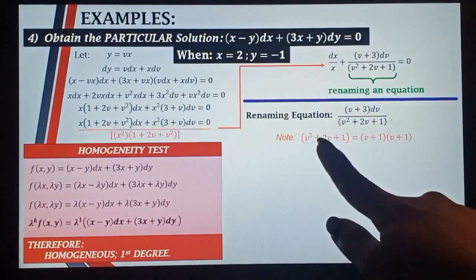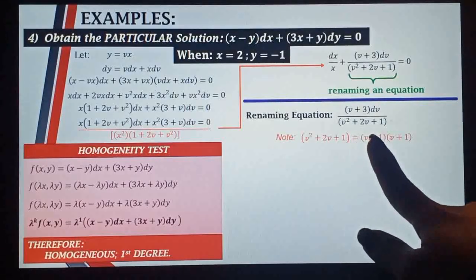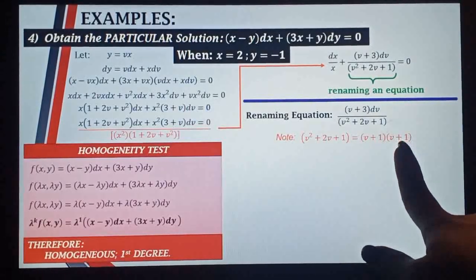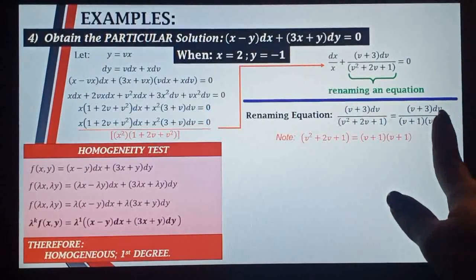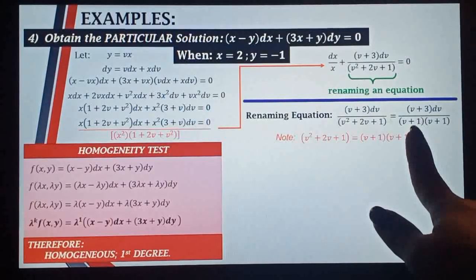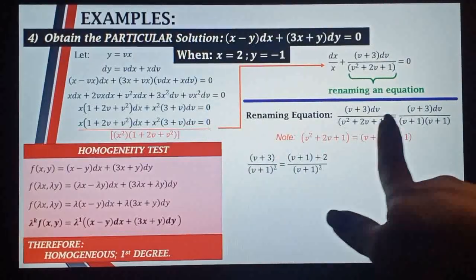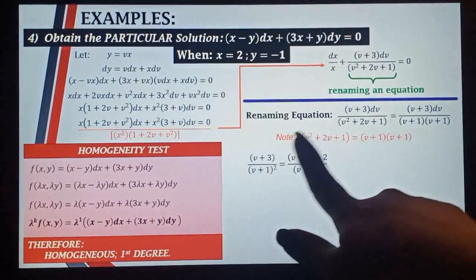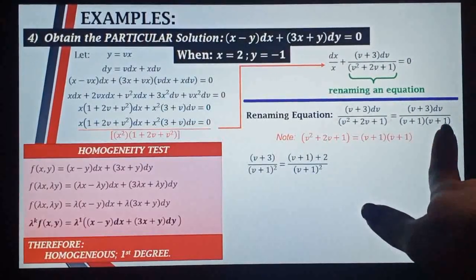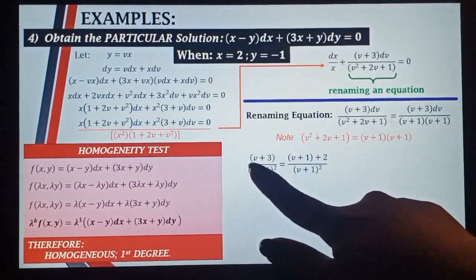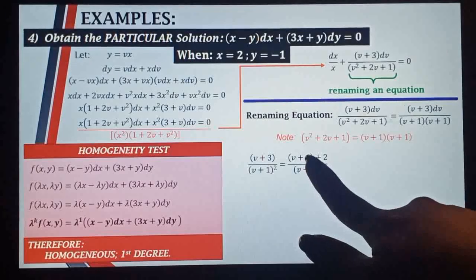Our denominator v squared plus 2v plus 1 can be v plus 1 multiplied to another v plus 1, so the expression becomes v plus 3 dv over v plus 1 multiplied to v plus 1, which is v plus 1 squared, since there are two v plus 1 in the equation. Our v plus 3 we can rename as v plus 1 plus 2.